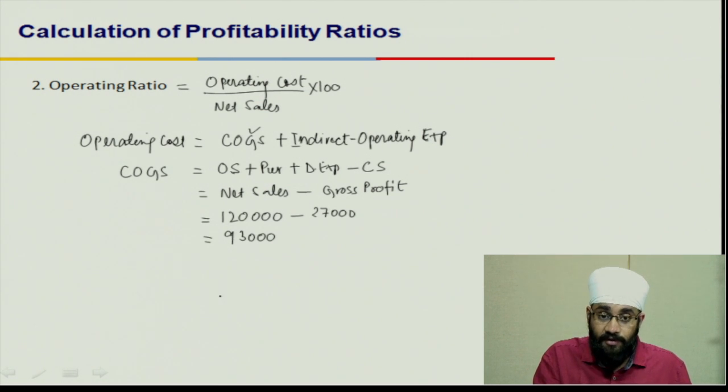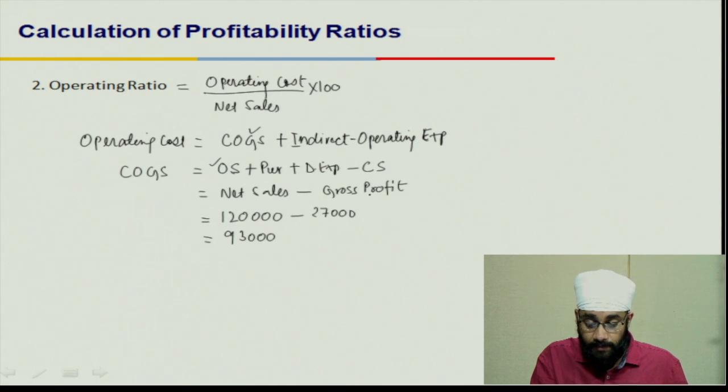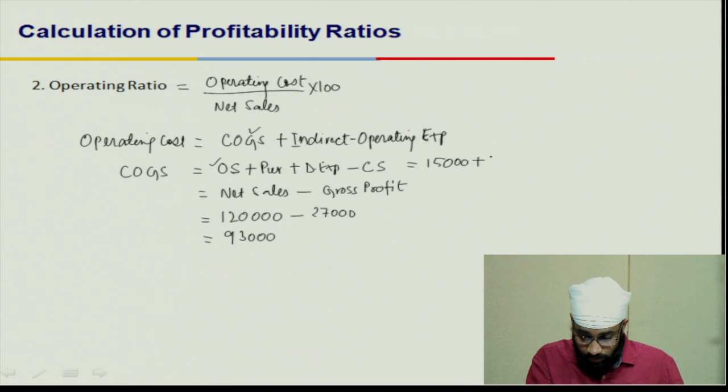Now we can repeat the calculation using the first method as well. Let's see what happens. Opening stock given to you is 15,000. You have purchases equal to 80,000, and then we have direct expenses which are 9,000 each, and then we have closing stock which is 20,000.